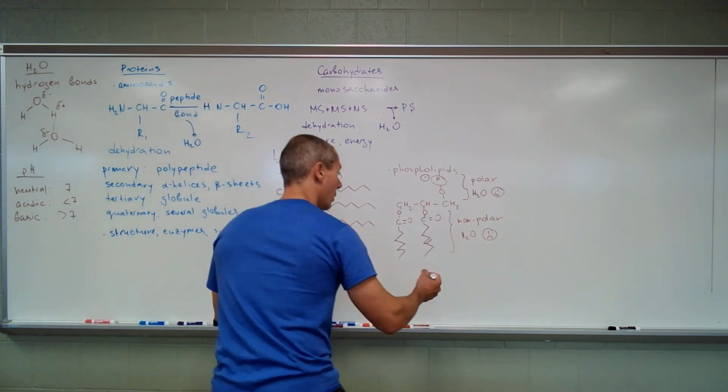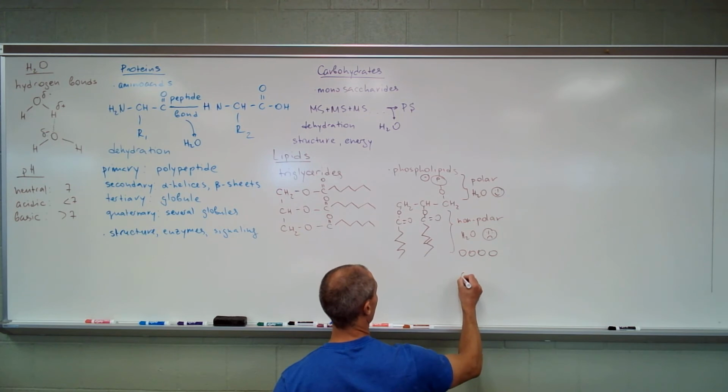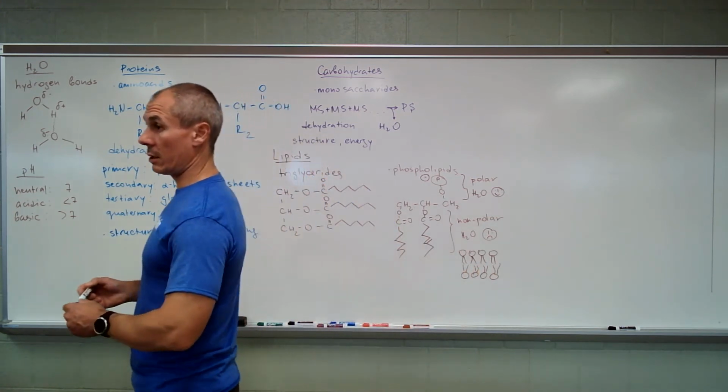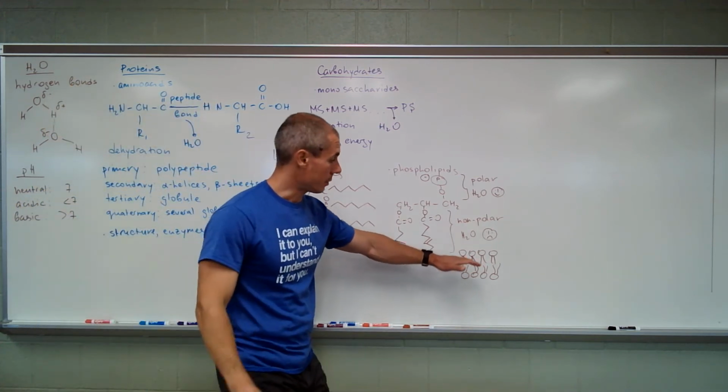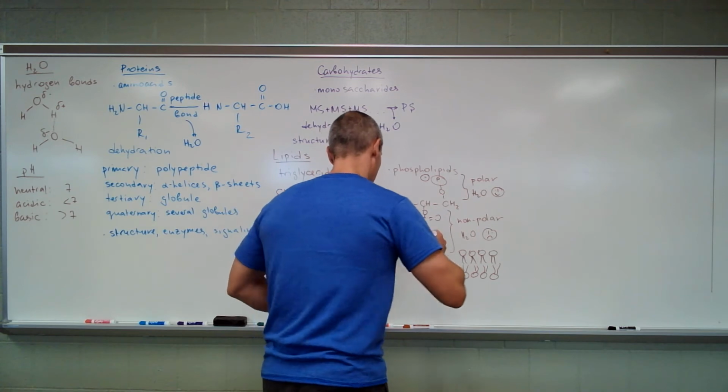which explains why phospholipids can form a cell membrane that looks like this, where hydrophilic heads are facing either the inside of the cell, the cytoplasm, or the outside of the cell. Okay, again, watery environment.